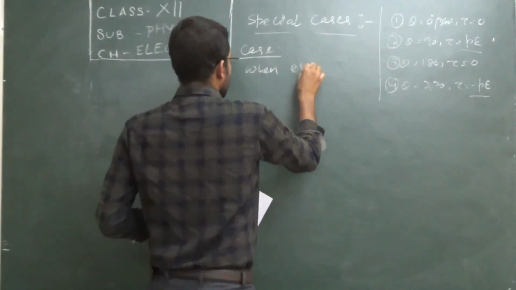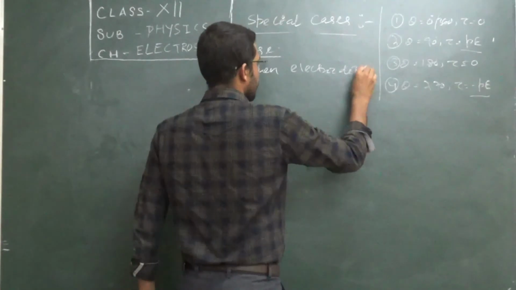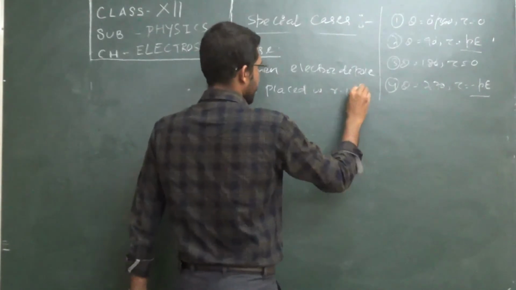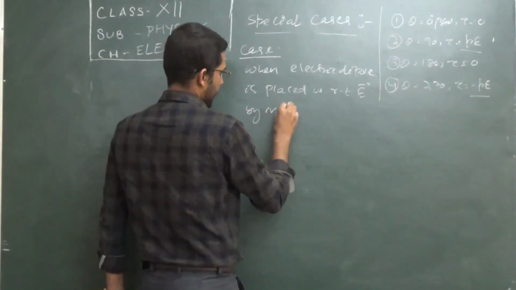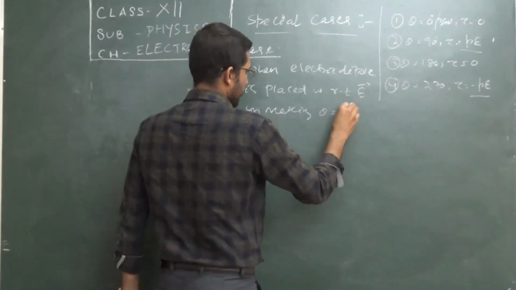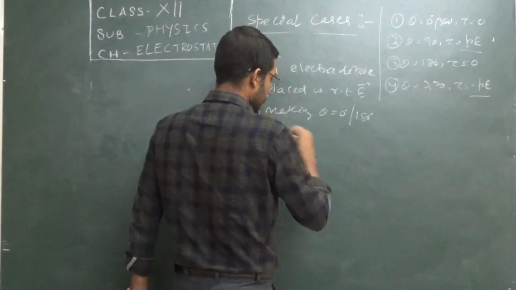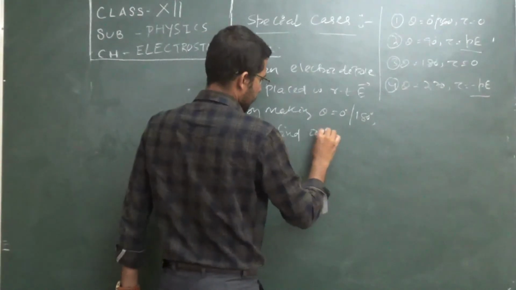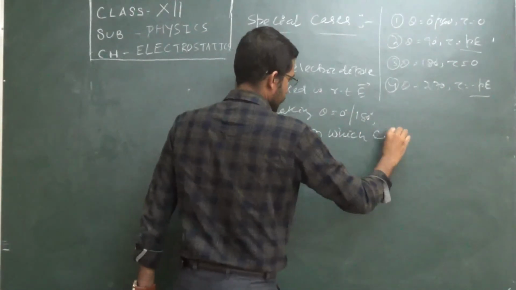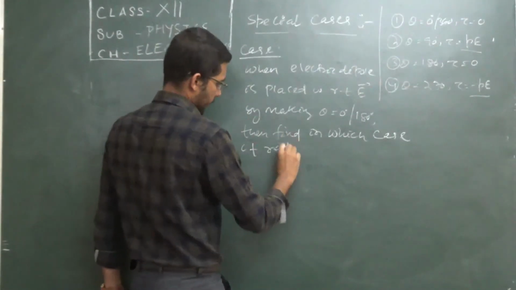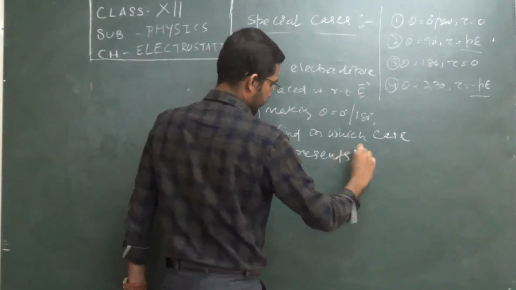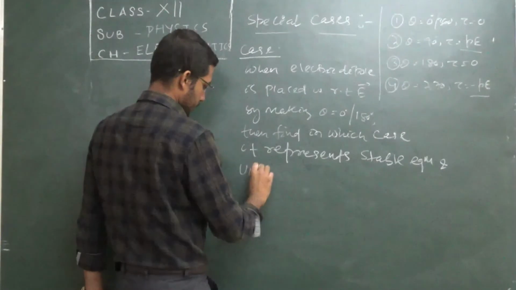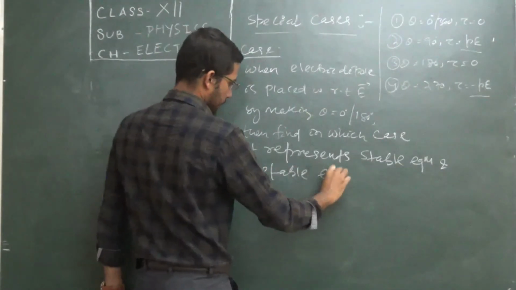When an electric dipole is placed with respect to an electric field by making theta equals 0 degree or 180 degree, then find in which case it represents stable equilibrium and unstable equilibrium.